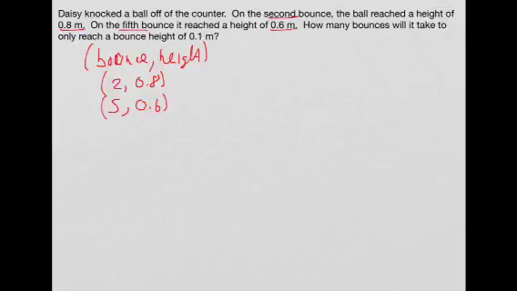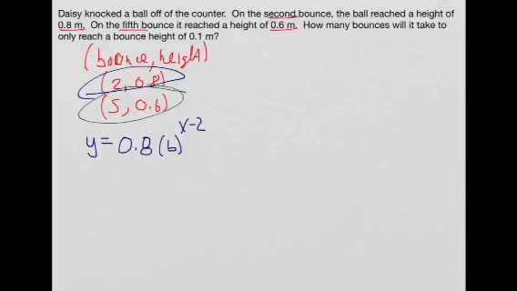With this, we can write our equation, and we're going to use that point ratio form. So we're going to say y equals, I'll use this point here, y equals 0.8 times b to the x minus 2. Now I'll plug in the other point for x and y so that I can solve for b.